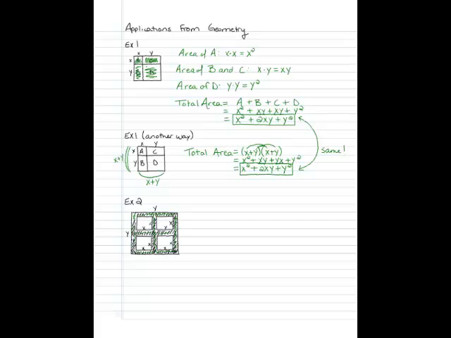So our strategy is going to be finding the total area of this big square and then subtracting off all the little squares. So we need to find first the area of the big square. All right, the length is y, the width is y, length times width, y times y gives us y squared.